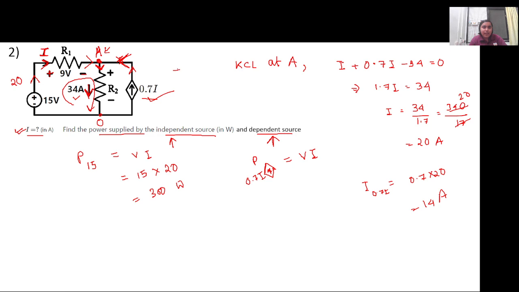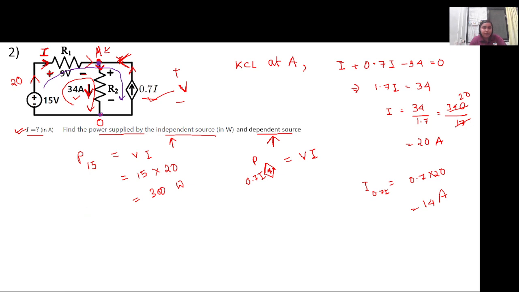So let us just assume the voltage across 0.7 I is V. Now as we were saying, we will apply KVL. So we will apply KVL across this loop. Whatever voltage appears across this 0.7 I current source will actually be the voltage VAO, right?